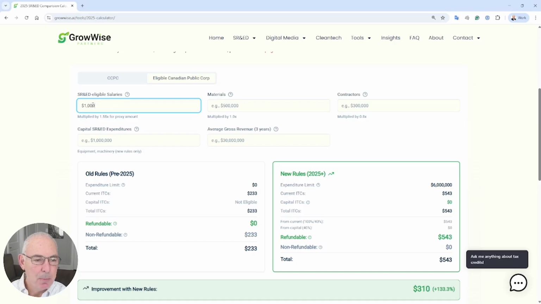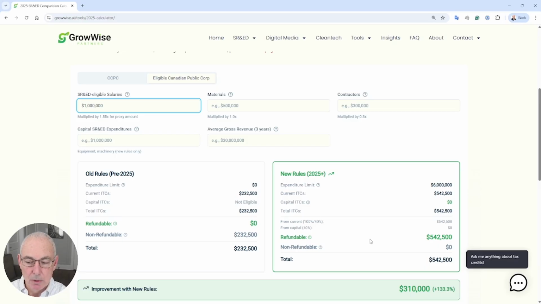Let's input maybe $1 million worth of SR&ED eligible salaries. We see here for the old rules, so the pre-December 15th, 2024 fiscal year start rules, that it was a non-refundable tax credit of 15%. And so you ended up with $232,500 for $1 million worth of SR&ED eligible salaries.